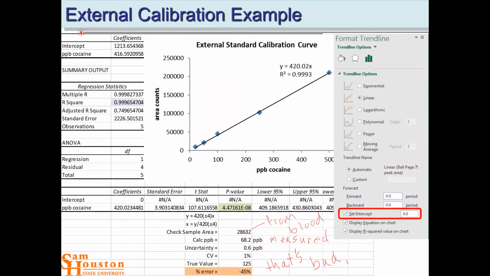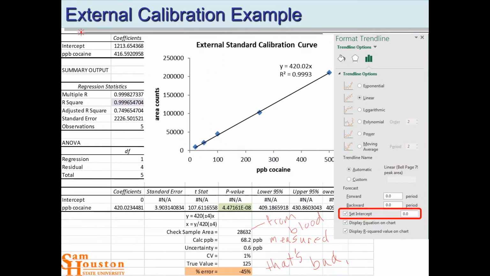And enzymes metabolize things. And you have metabolic action happening on the cocaine. So when you add in 125 parts per billion to the blood, one of the things that starts happening immediately is these metabolism enzymes start to chew it up. And that's not happening in your external standards.